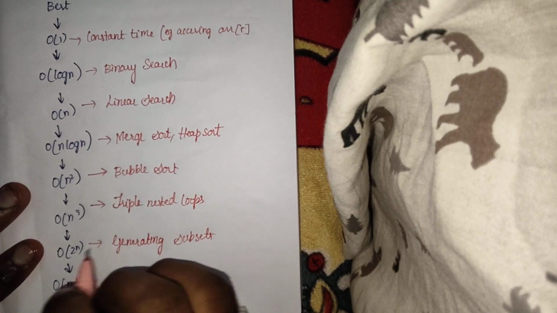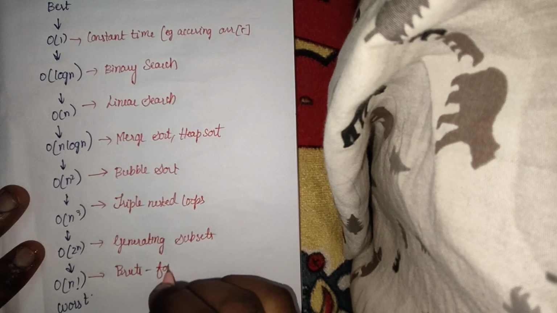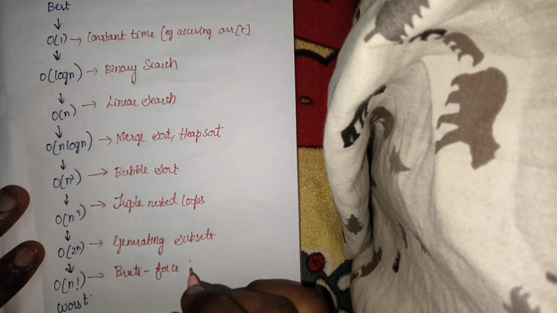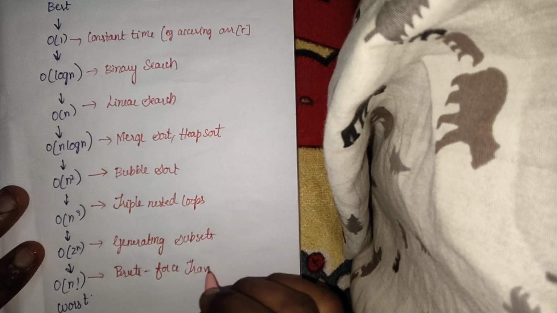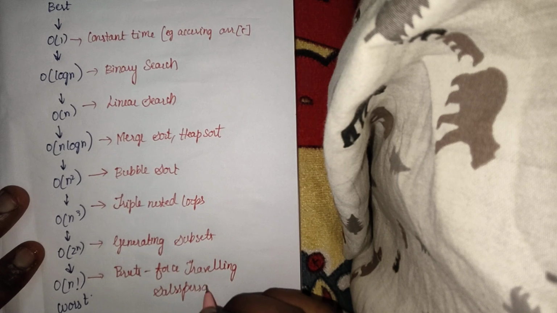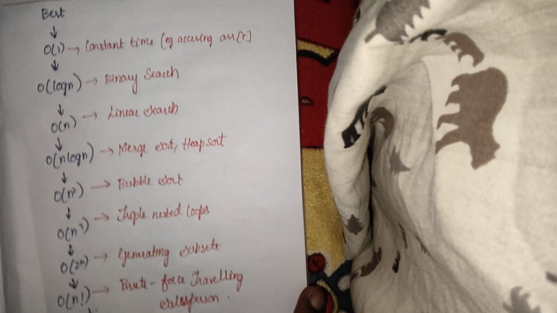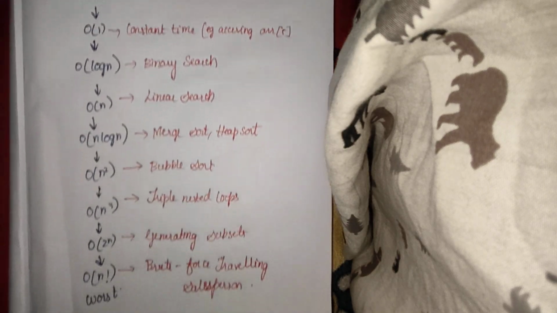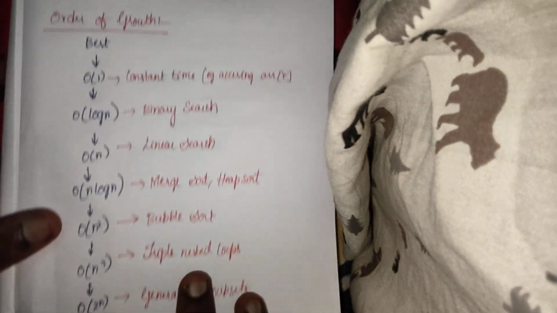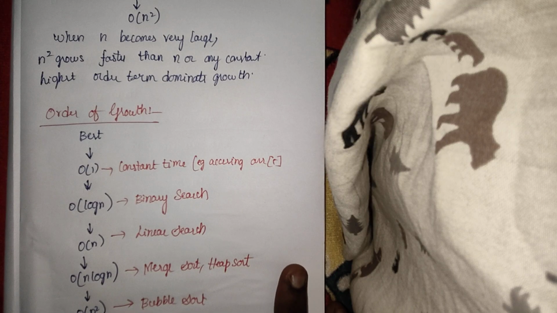O of n factorial is the brute force traveling salesperson. Do observe this. This is one of the most important things to do.